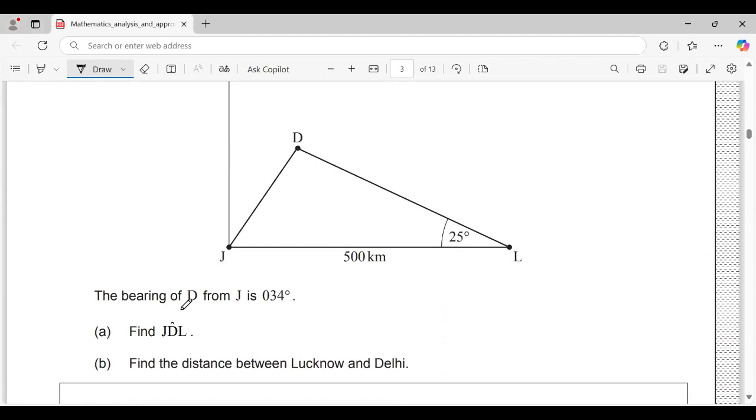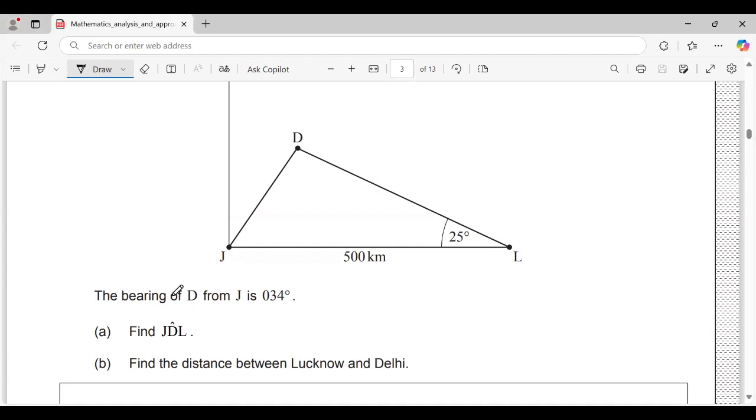The bearing of D from J is 34 degrees. Find angle JDL. JDL means this angle we need to find.